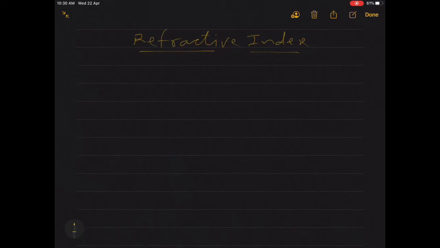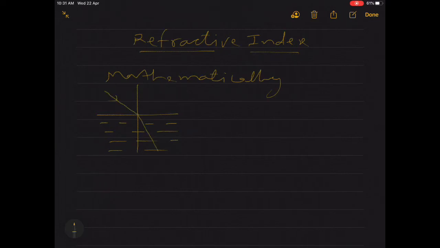So mathematically, refractive index is given as follows. If the ray is entering from rarer to denser, then we know the ray bends towards the normal.